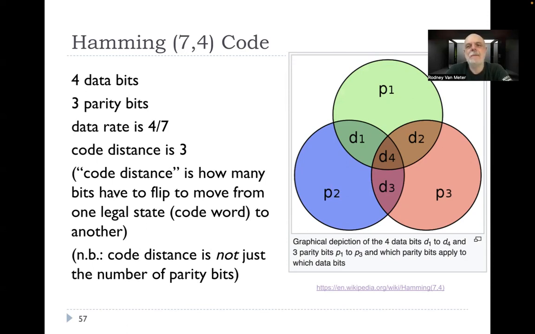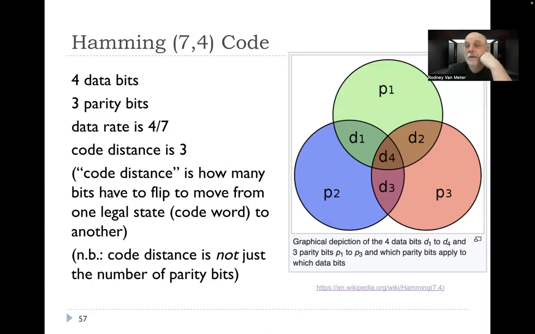In this diagram, you see 4 things labeled D1, D2, D3, and D4. Those are the original data bits that we want to send. So that's the original message. It's a 4-bit long message. Hamming realized that you can augment that 4-bit original message with 3 additional bits that we'll call the parity bits, or the error correcting bits.